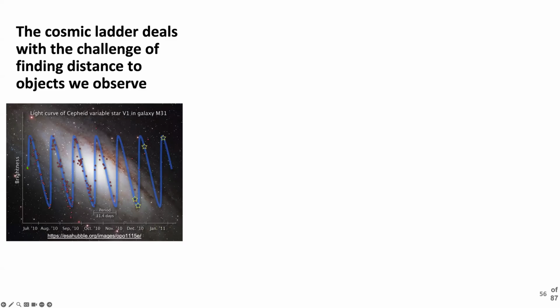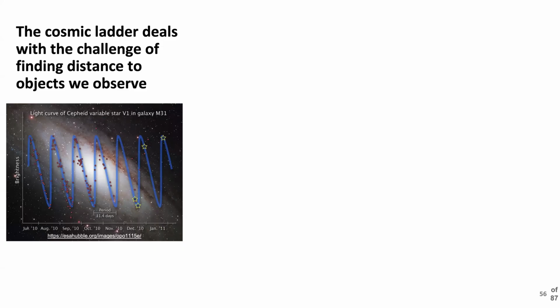These stars get brighter and dimmer because they swell up and then they collapse, and they swell up and they collapse. And we have Cepheid variable stars near us in the Milky Way.